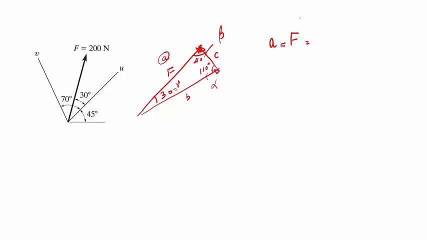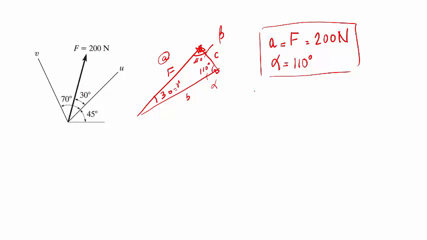And in this case, let's say that F is 200 newtons, like in this case. So the angle corresponding to that would be alpha, which is 110 degrees. So that is related to A. Now we said that B would be this here, which would be FU, okay?